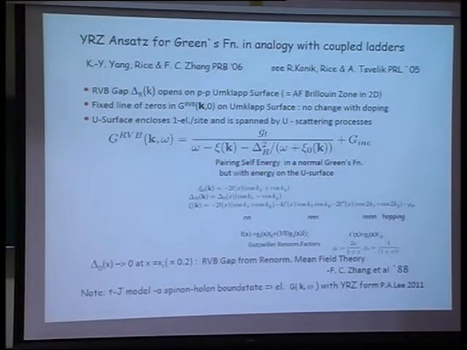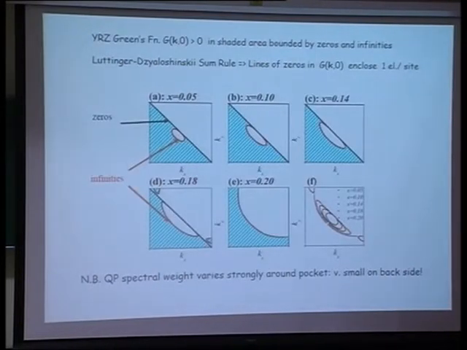So this anomalous RVB gap parameter is shown to be strongly hole density dependent, maximum in the parent compound, and then vanishing at a critical density, say, of 20%.